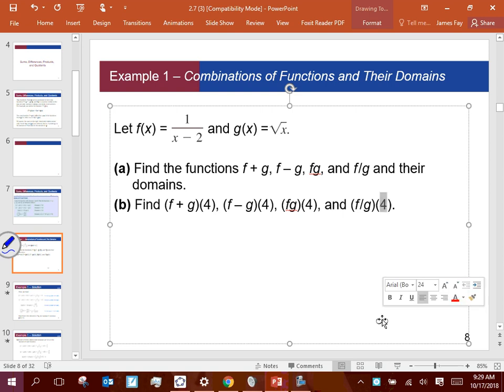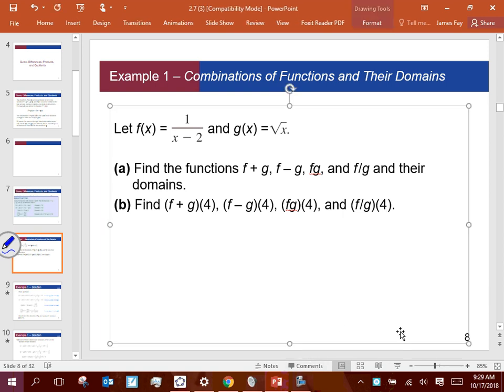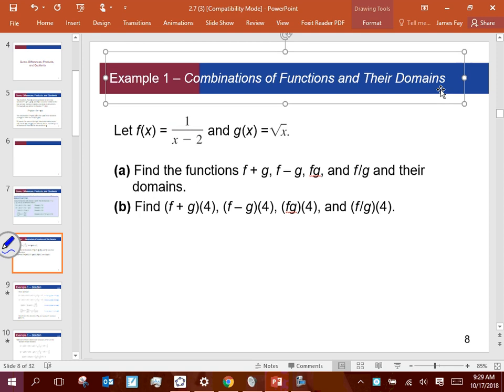All right, so let's take these two functions, mess around with them a little bit, and determine domains for them. We'll determine what f plus g is, f minus g, and we'll do that in a couple of different ways. This will take the bulk of our time, and it is very similar to some of the questions you see in your homework.